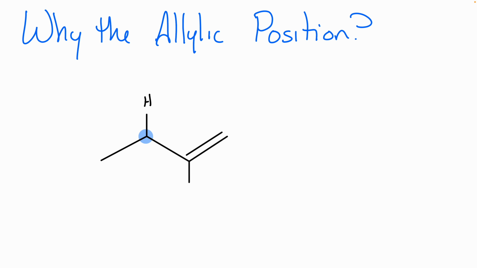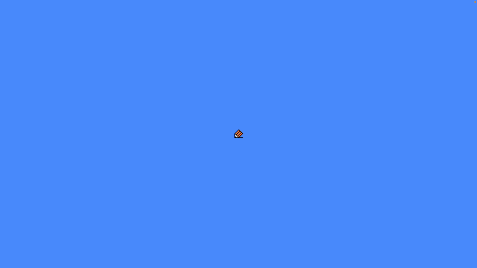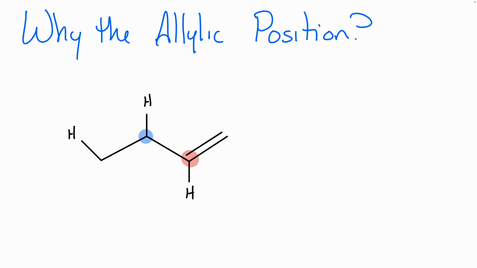If we compare that to our vinylic hydrogen, or just our sp3 hybridized carbon with its hydrogen, a normal, not allylic position, and we look on our chart of bond dissociation energies, we'll see that the allylic position is quite a bit weaker than the carbon-hydrogen bonds in those other positions. So why the allylic position?